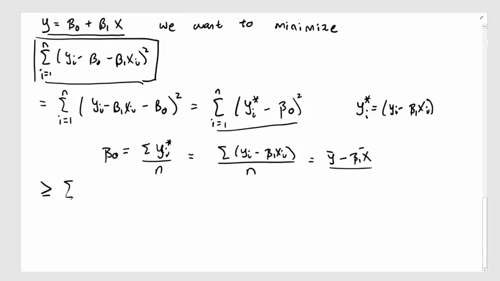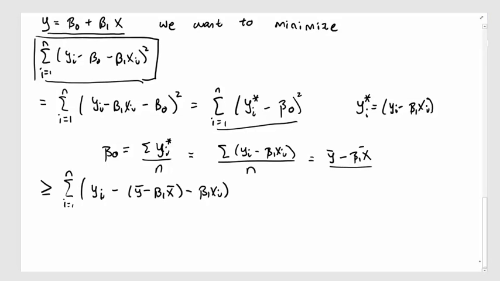And I get summation i equal 1 to n of yi, and now I'm simply going to plug in my new beta naught, because I know that whatever solution beta naught and beta 1 are, they have to follow this relationship, which is again saying that the fitted regression line has to go through the average of the y's and the average of the x's. So it's yi minus the beta naught that I just solved for, y bar minus beta 1 x bar, minus beta 1 xi. So we know our solution has to do that.